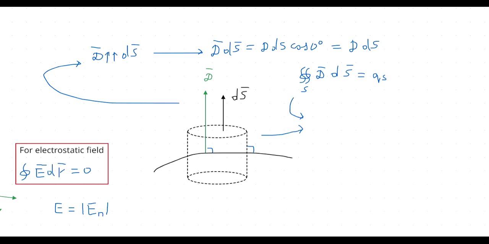We have flux only for the upper base of the cylinder, and here we have D multiplied by dS, and this is equal to an infinitely small charge.